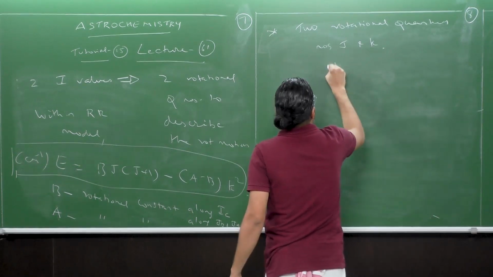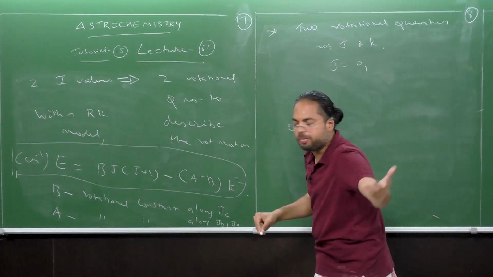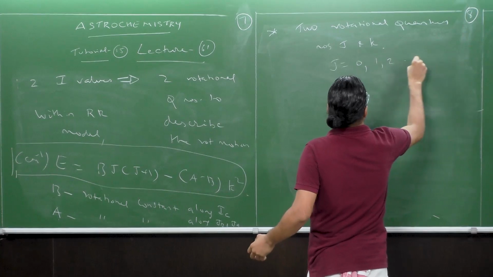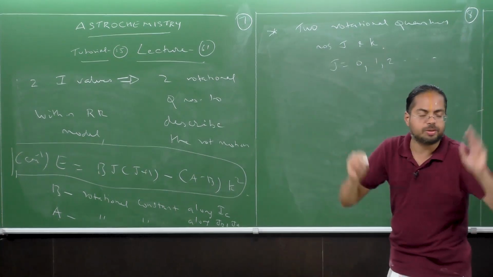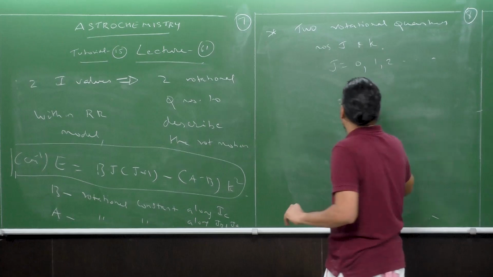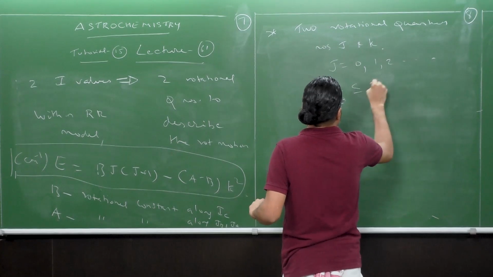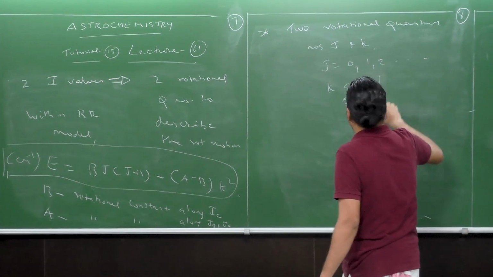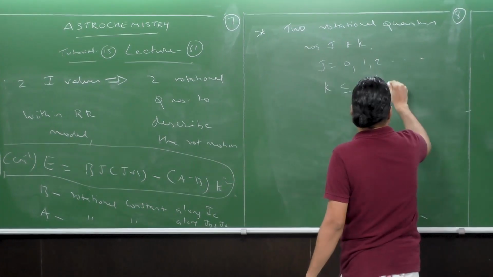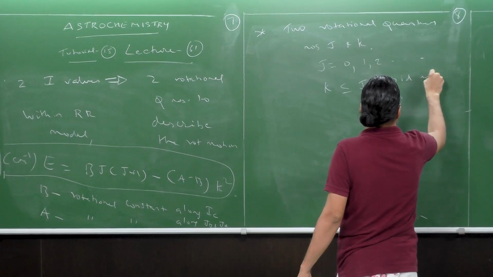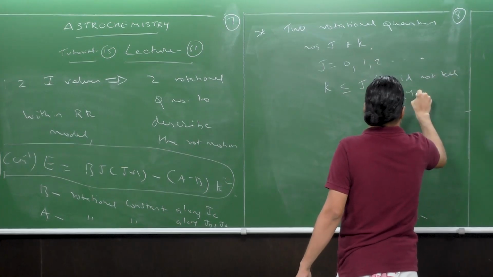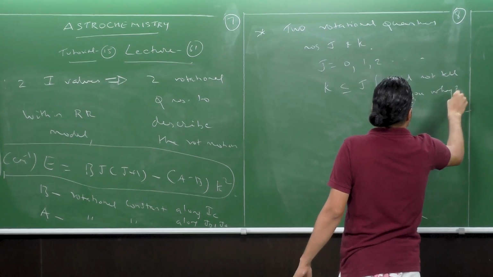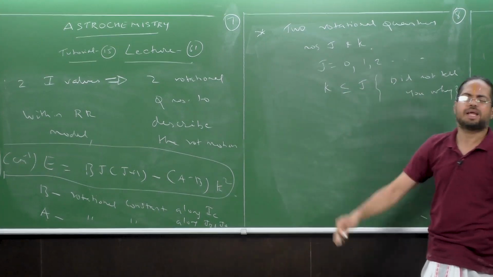Now J is, as you all know, going to be varying from 0 all the way; all possible integer values are possible, and K is always bound by J. Why is it so? I did not tell you, I just asked you to take it for granted, but it can be mathematically derived.